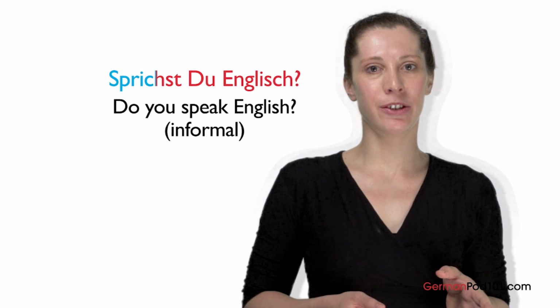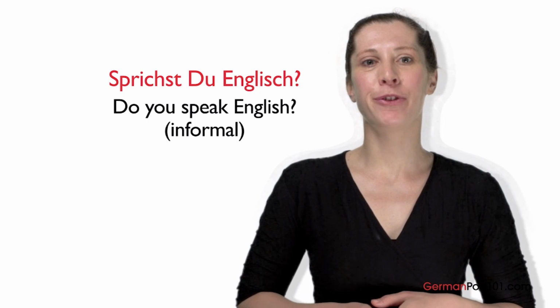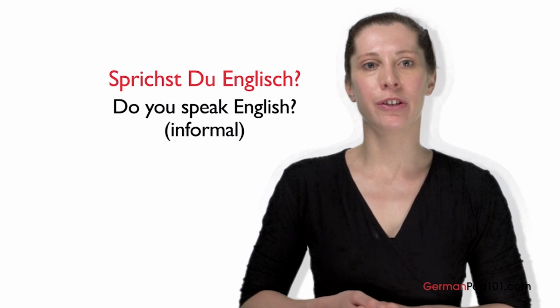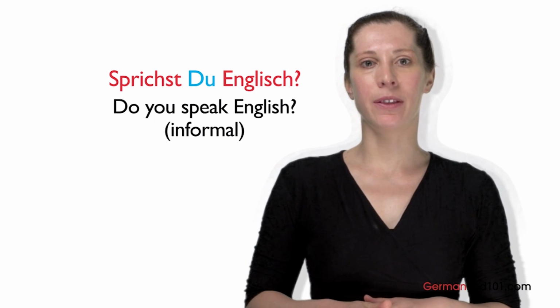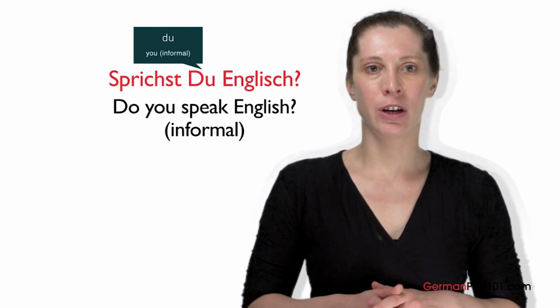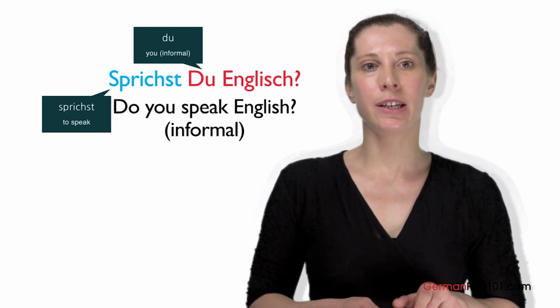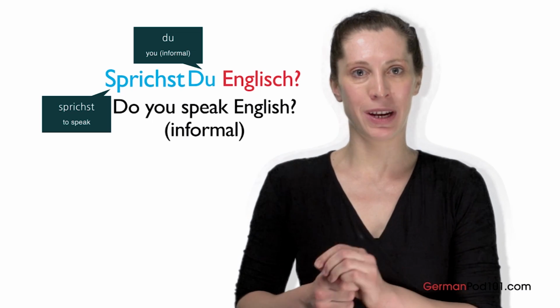Here's the informal way to say it. Sprichst du Englisch? In German, verbs change depending on the pronoun that is used. Please notice the word du in the middle of the sentence. Remember that this is the informal way to say you. The first word is sprichst, which means to speak. Because it is referring to du, it is conjugated to du sprichst.